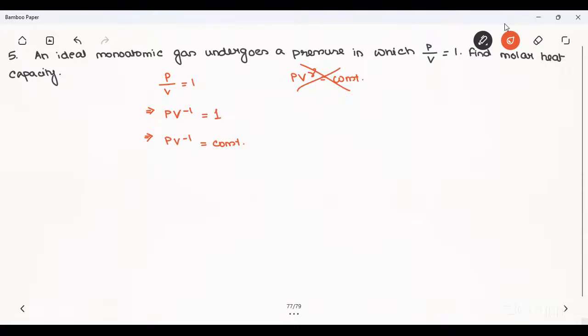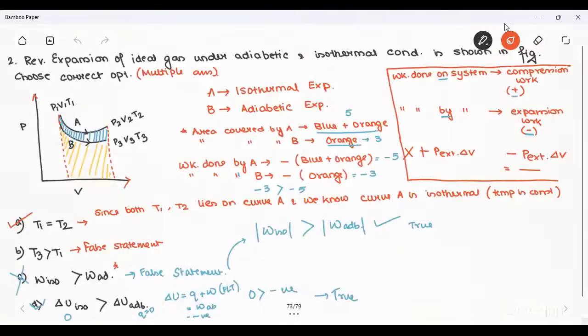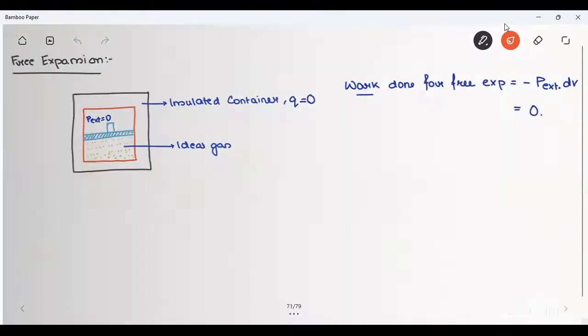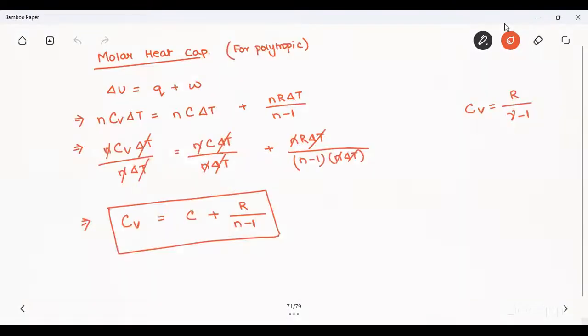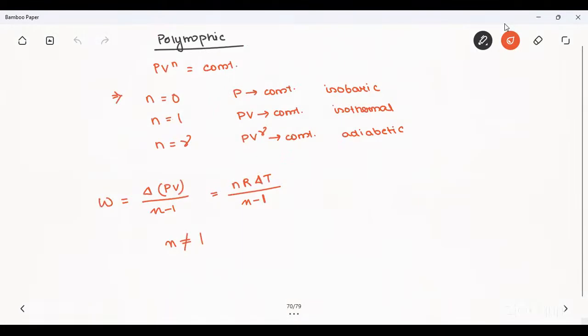No. They have asked us to calculate molar heat capacity. What I wrote in the bracket: molar heat capacity is used for a polytropic process. What is the general formula for a polytropic process? P V to the power n is constant.